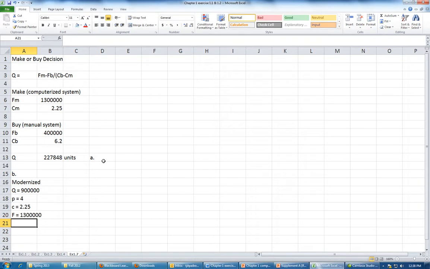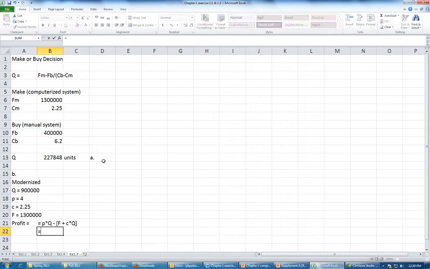So we're going to find the profit of this approach, which equals P times Q minus (fixed cost plus C times Q).